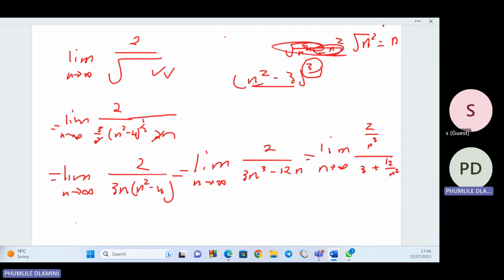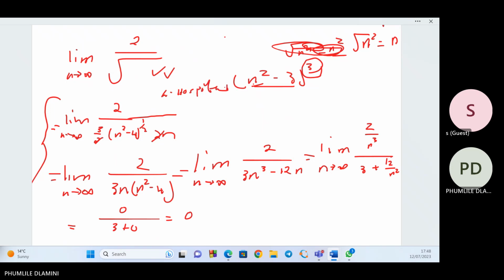If we substitute 0 here, we get 0 over 3 plus 0, which is exactly 0. So just by using L'Hospital, we get 0, which proves that this function converges.